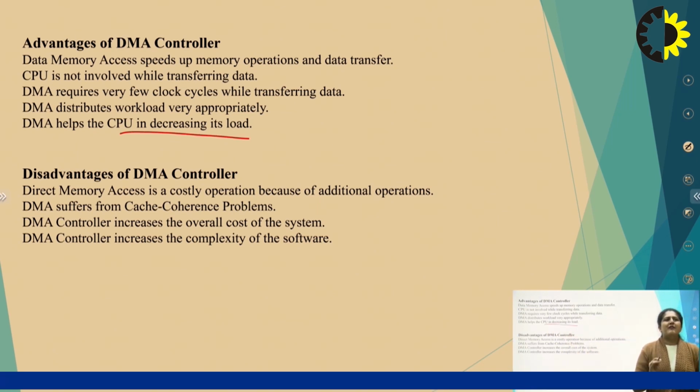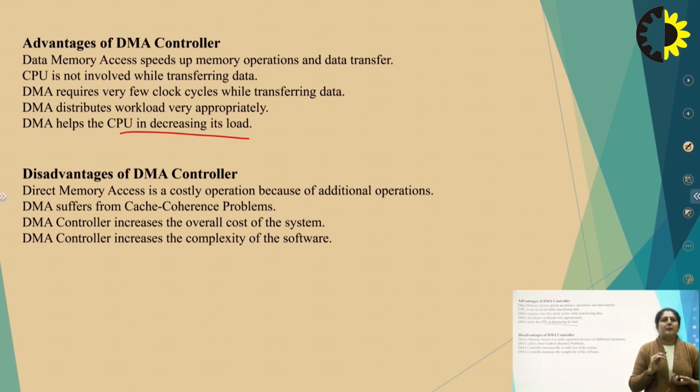So the main function of the DMA controller is that it decreases the load of the CPU, whereas in programmed input output and interrupt driven, the involvement of the CPU is there, so the load is there, and the CPU is unnecessarily kept busy. In DMA, the DMA tells the CPU to give its system bus to it, and the CPU is freed to be engaged in other work while the read or write operation happens between the input output devices and the memory.